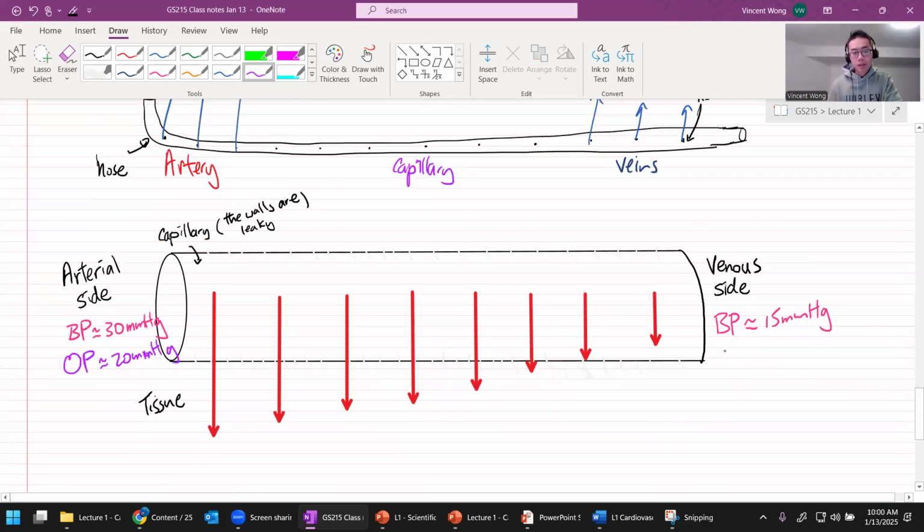Okay. And over here, OP is also around 20 mmHg. So you see, the osmotic pressure is constant. Whether it's on the arterial side or venous side, it does not change because the solute concentration does not change significantly for the blood as it moves across the capillary. It's not like blood pressure where it drops.